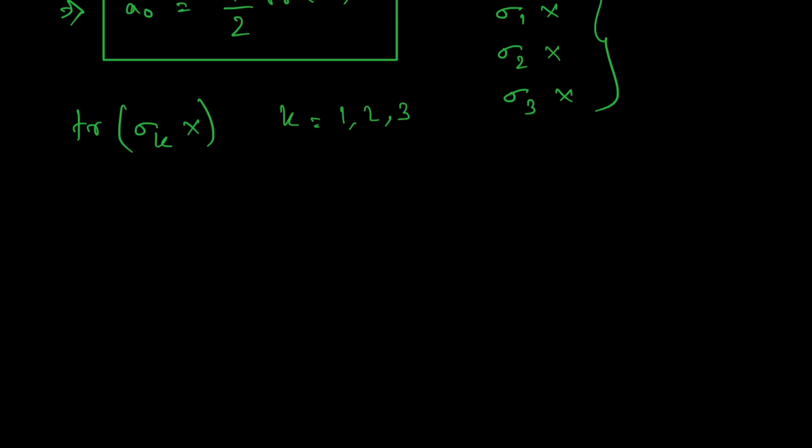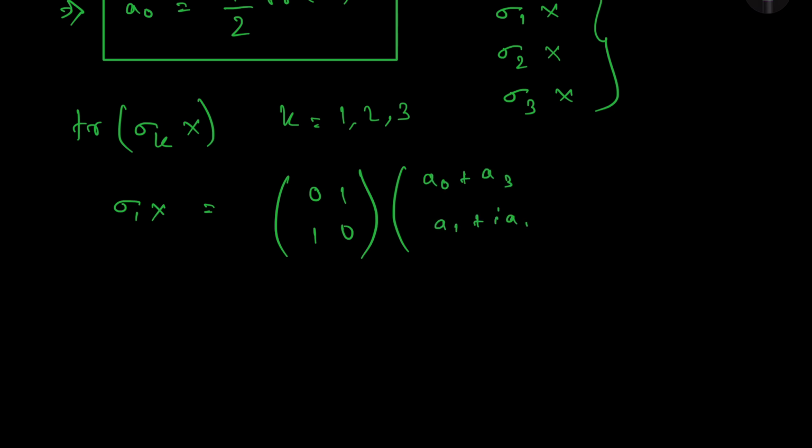So sigma 1 was 0, 1, 1, 0, and we got X as a0 plus a3, a1 plus ia2, a1 minus ia2, and a0 minus a3.